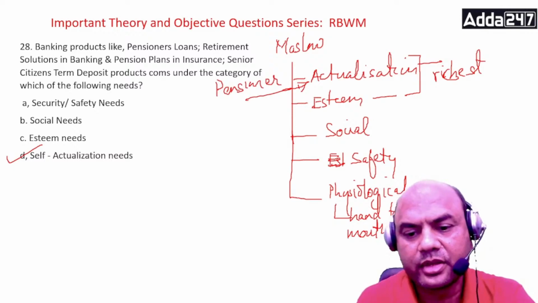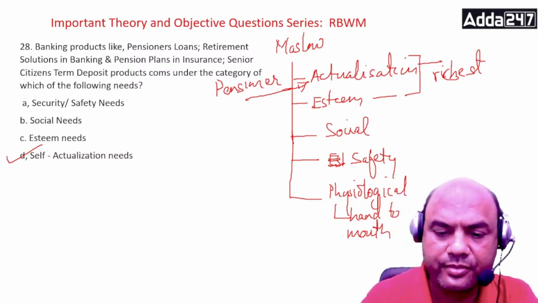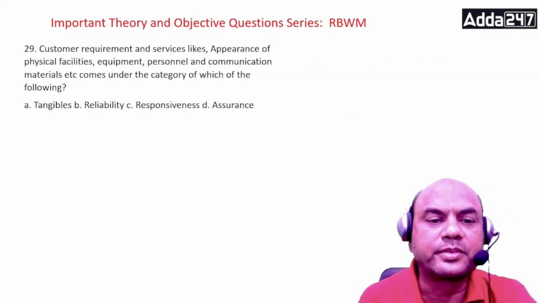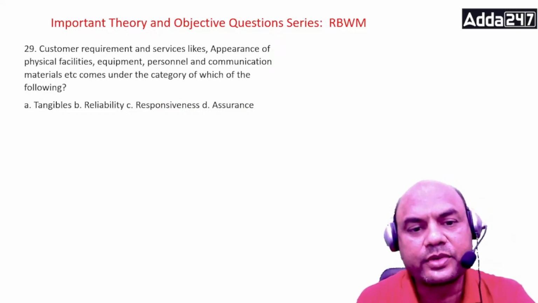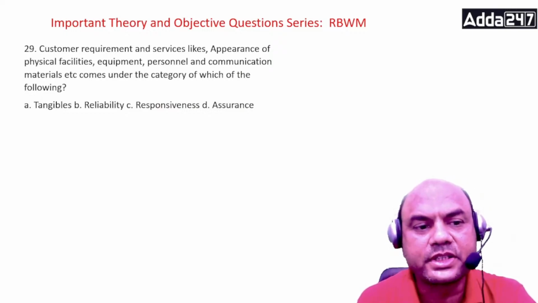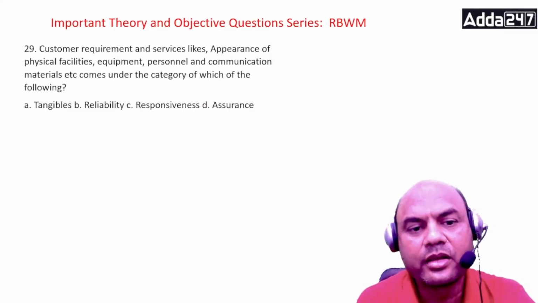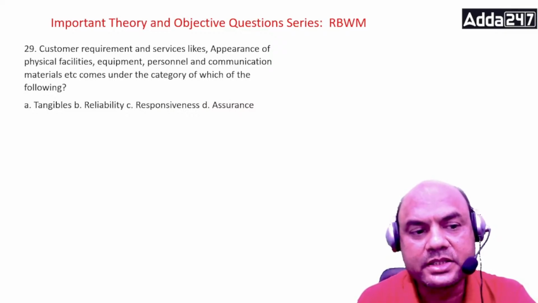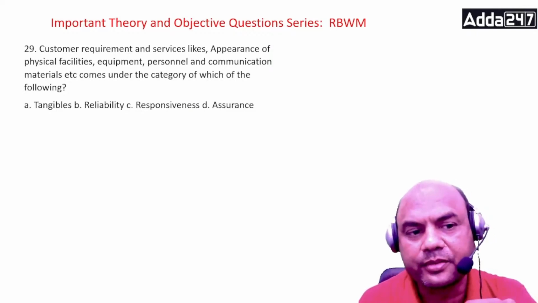Move on. Next one. Customers' requirement and services like appearances of physical facilities, equipment, personnel, communication materials, etc. come under the category of which of the following?